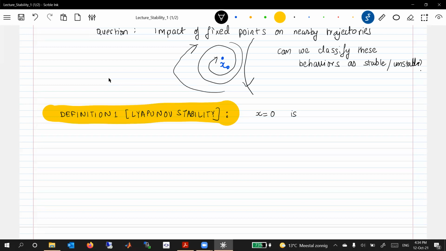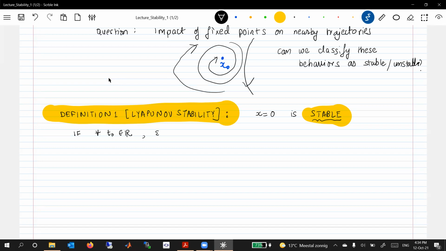So x naught, x equals 0, which is a fixed point, is called stable, in the mathematical sense, if for every t naught, so any initial condition that we pick, somehow we want our solutions in the neighborhood of the fixed point to be confined in a radius around the fixed point.